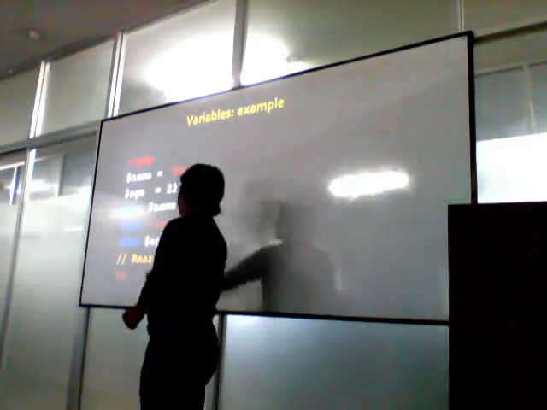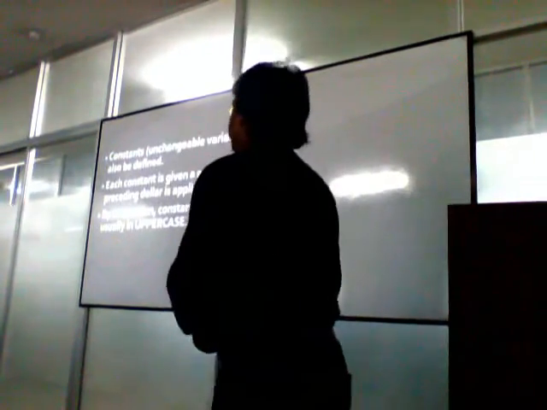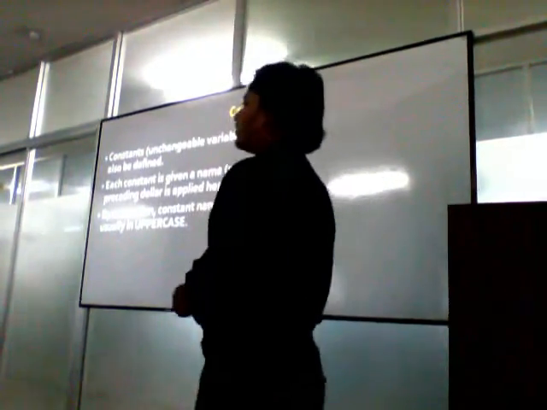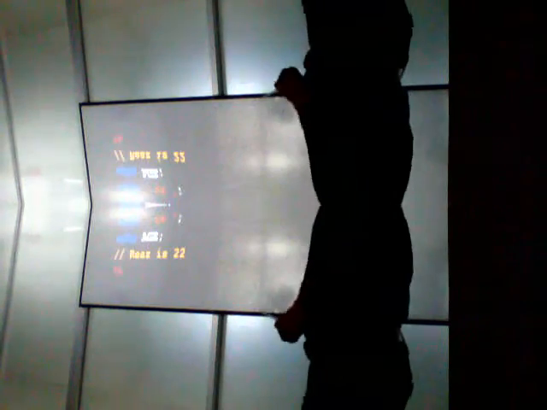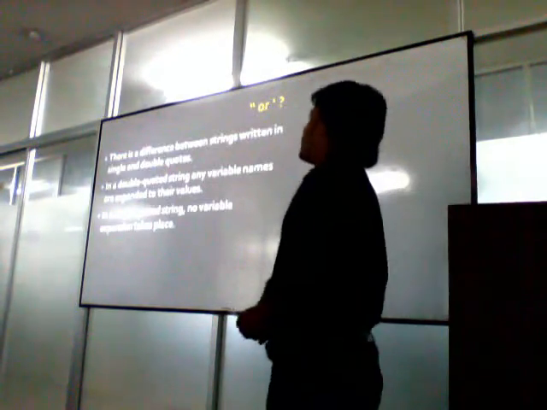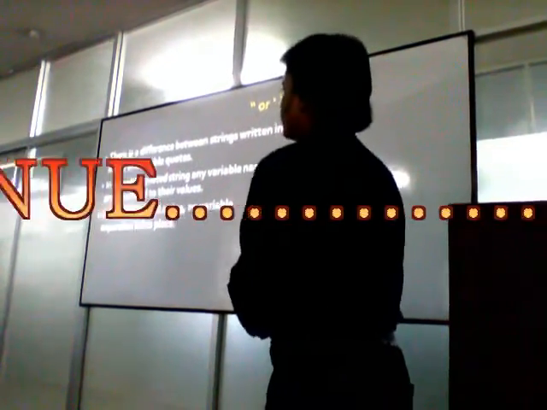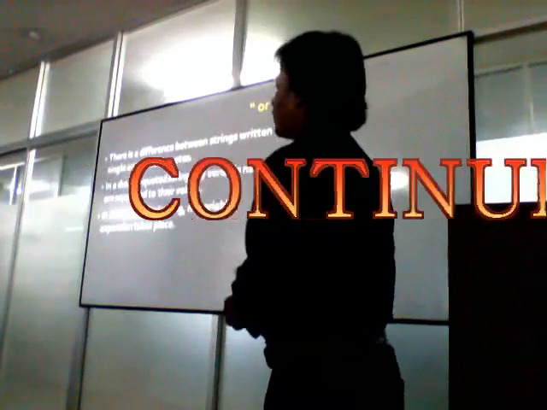The final result is shown. Next, constants. A constant is like a variable, but this constant is given a number. And that is the example. It is different in strings written with single or double quotes: when double quotes are used, variable expansion takes place.